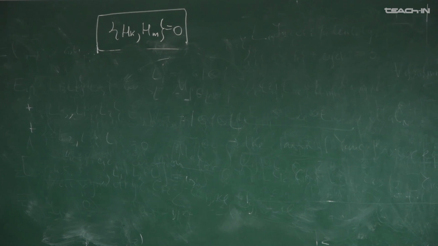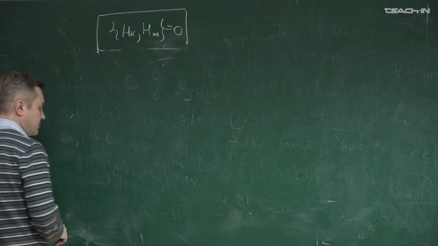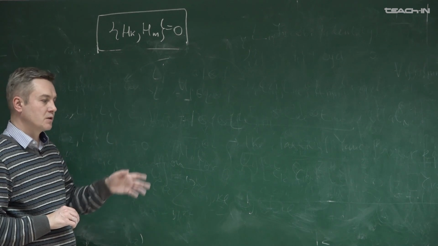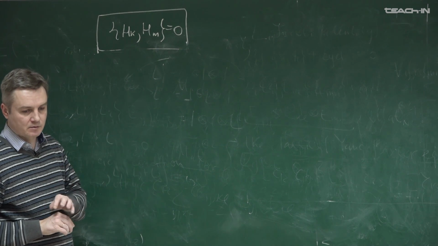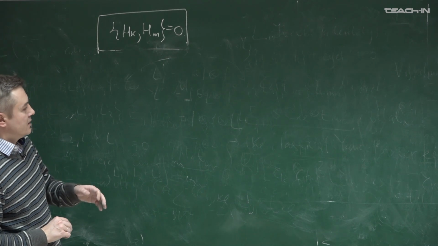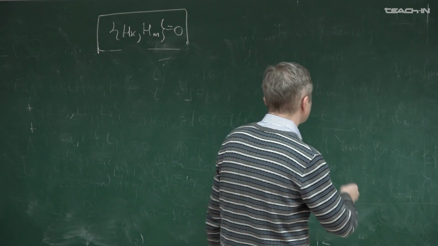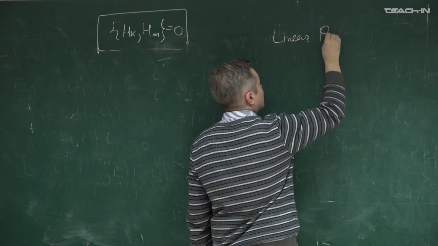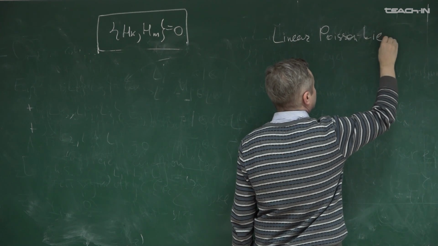These types of models use a different Poisson structure. In many body systems we usually use the canonical Poisson structure between momenta and coordinates of particles, while in top-like or spin-like models at the classical level, we use the linear Poisson structure, or Lie-Poisson structure.